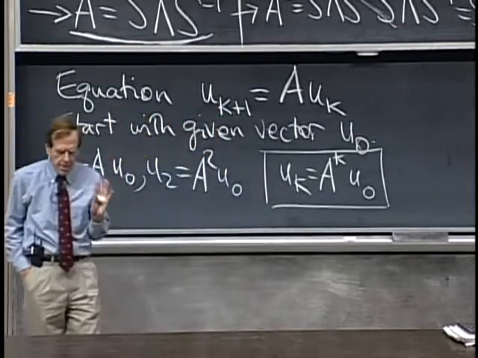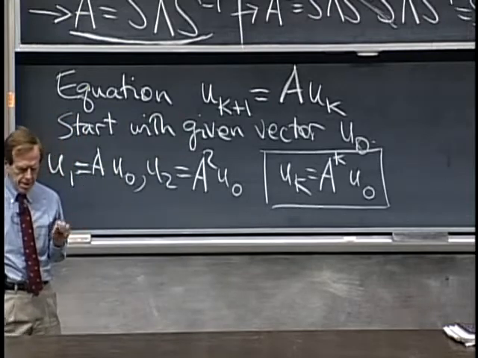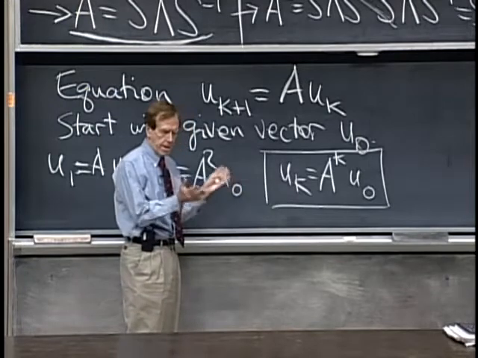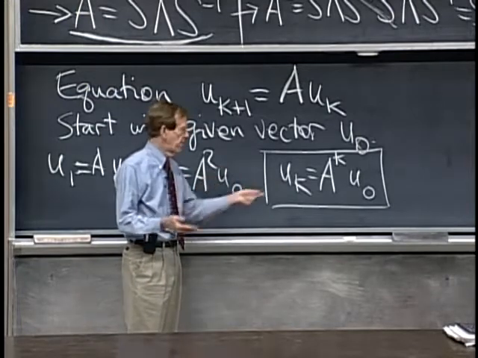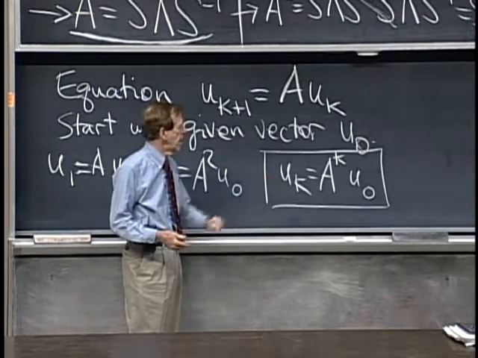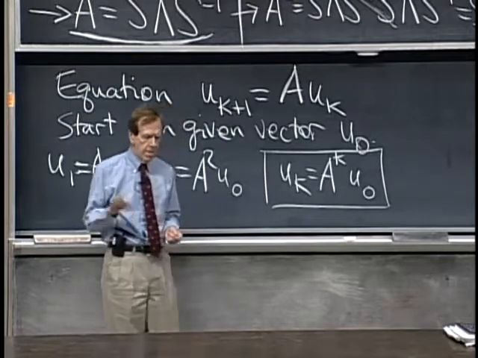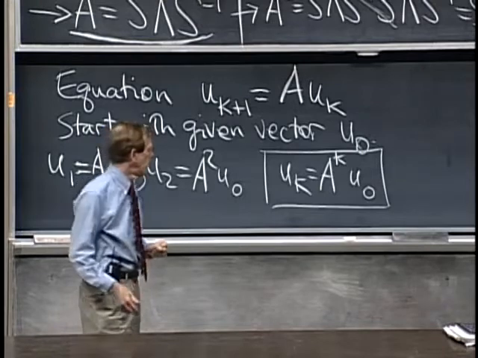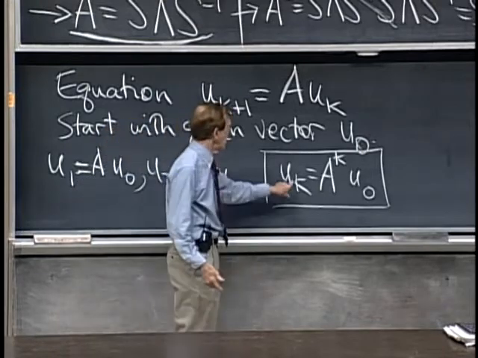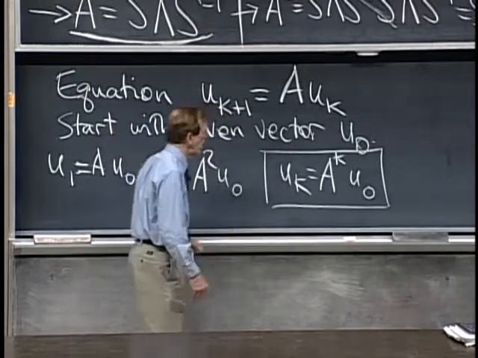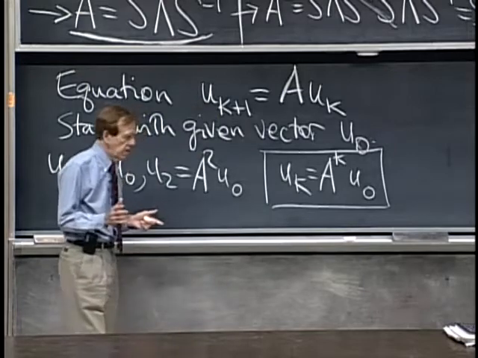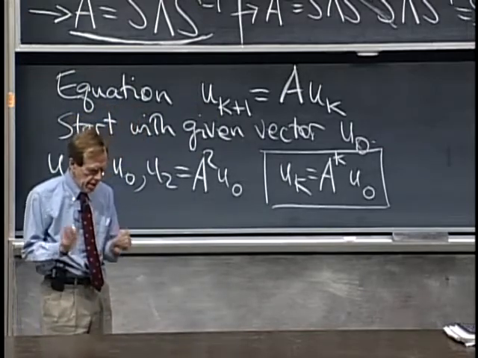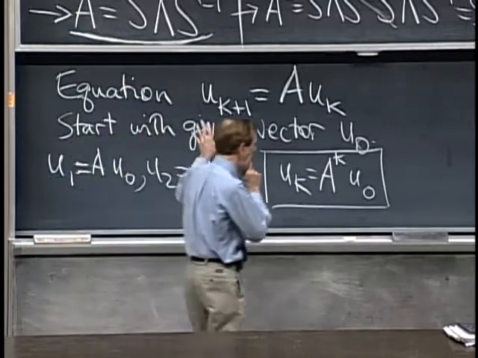That's a nice formula. That's like the most compact formula I could ever get. u100 would be A to the 100th times u0. But how would I actually find u100? How would I discover what u100 is? Let me show you how. Here's the idea.